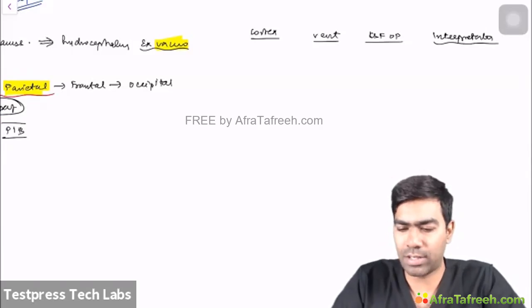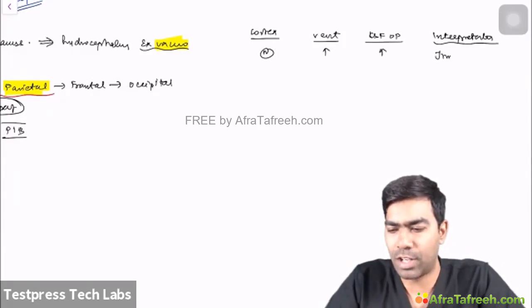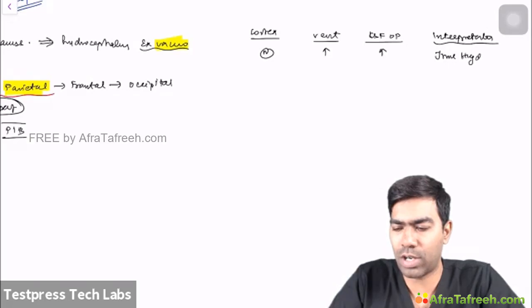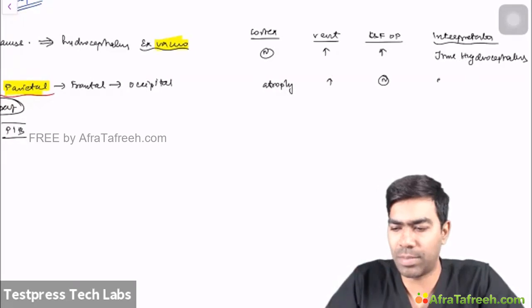Easily, whenever the cortex is looking okay, ventricles are dilated, and CSF opening pressure is increased, this is a true hydrocephalus, or you can call it an obstructive hydrocephalus. Whenever the cortex is atrophied, ventricles are dilated, and CSF opening pressure is normal, this is a typical situation of an ex vacuo condition.